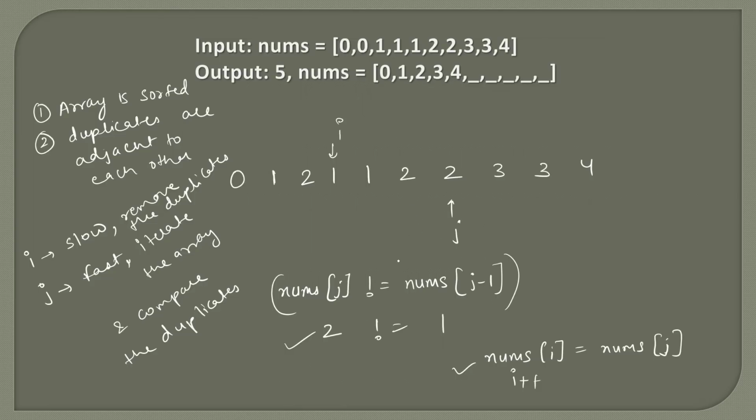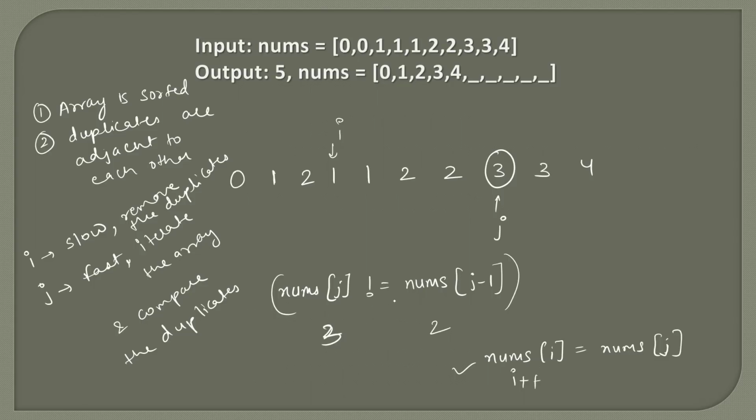Now value at jth index is 2 and value at j minus 1th index is also 2, so this condition comes out to be false. Therefore we do nothing and simply traverse j ahead. Now here value at jth index is 3 and value at j minus 1th index is 2. So 3 is not equal to 2. It means we have found one more unique element which we need to keep in the array.